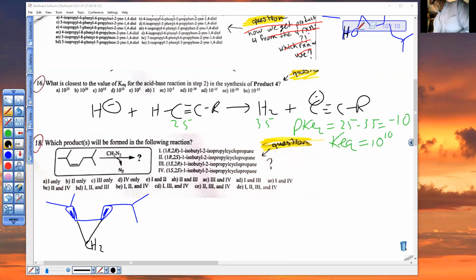And we got H's that were also on the same side. And you make a 50-50 mix of this and the one where these are both dashes and these are both wedges.